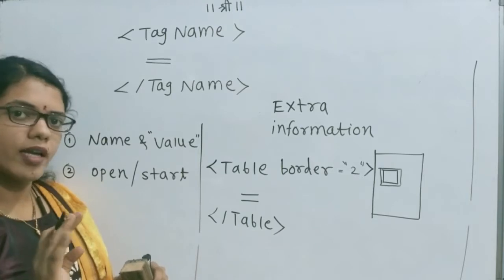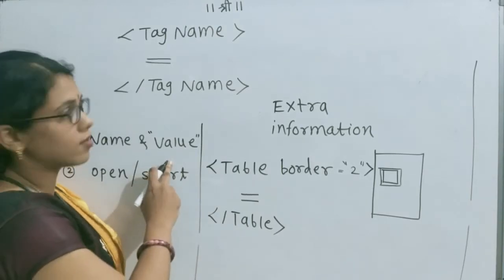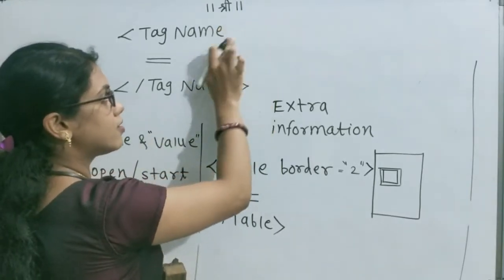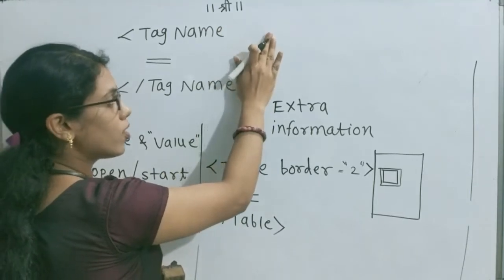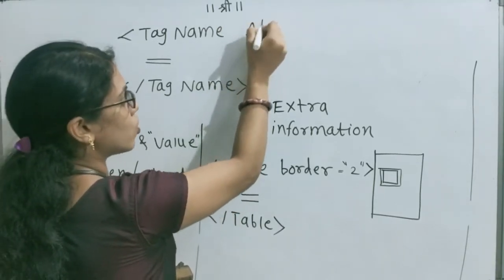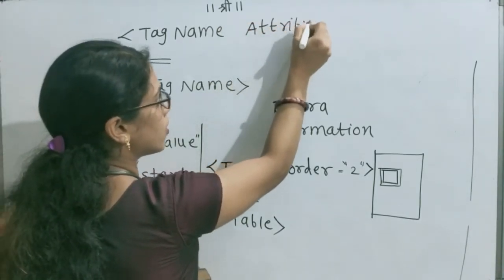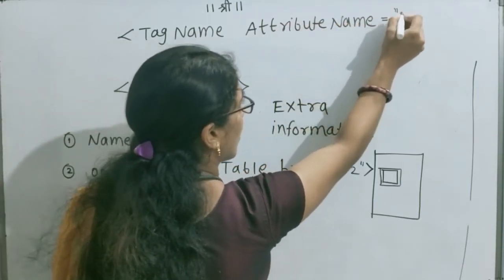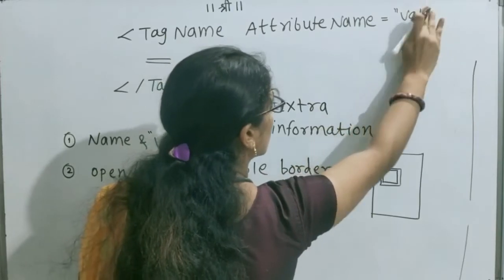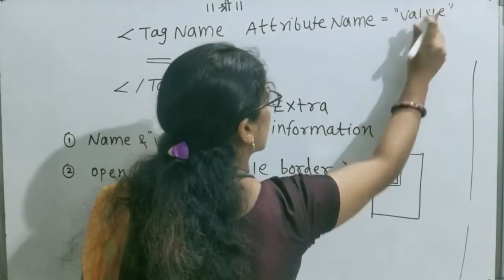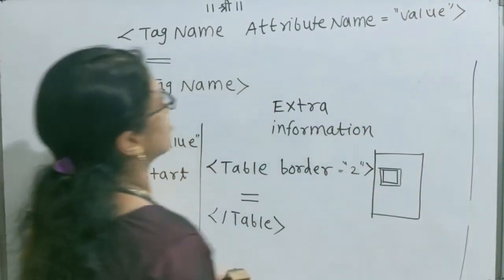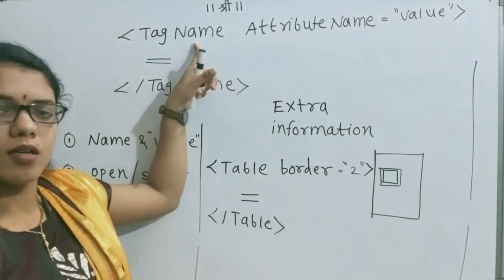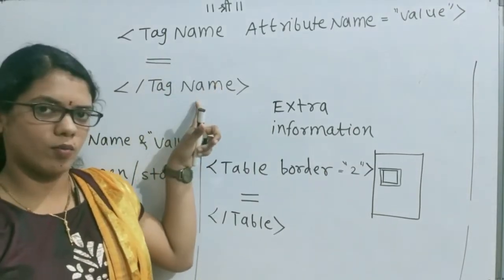But when we implement the attribute concept, the syntax changes. Here the attribute name is added: attribute name equals value inside double quotes, and angle bracket complete. This is the syntax for declaring tag attributes.